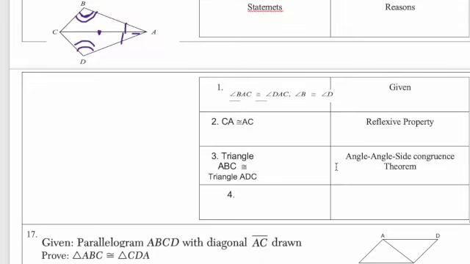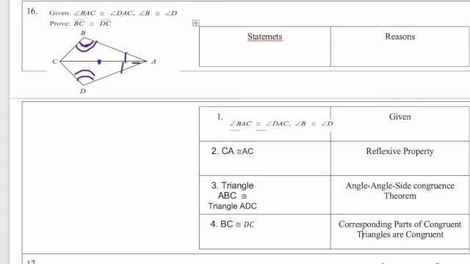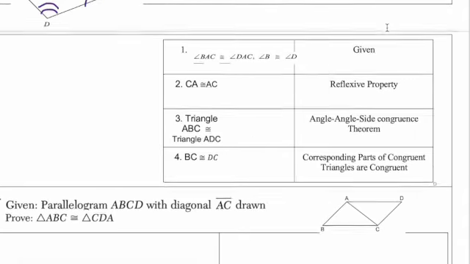Okay, and then of course we have BC is congruent to DC by corresponding parts of congruent triangles are congruent. And that is your whole proof for number 16.